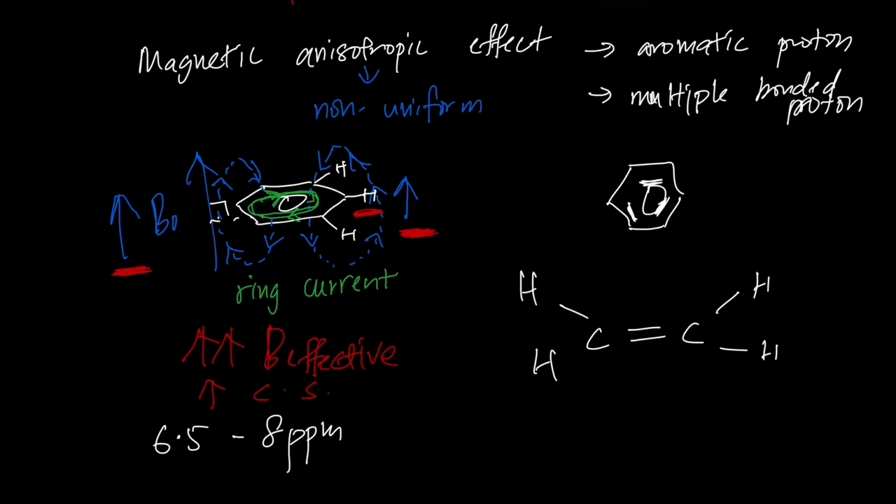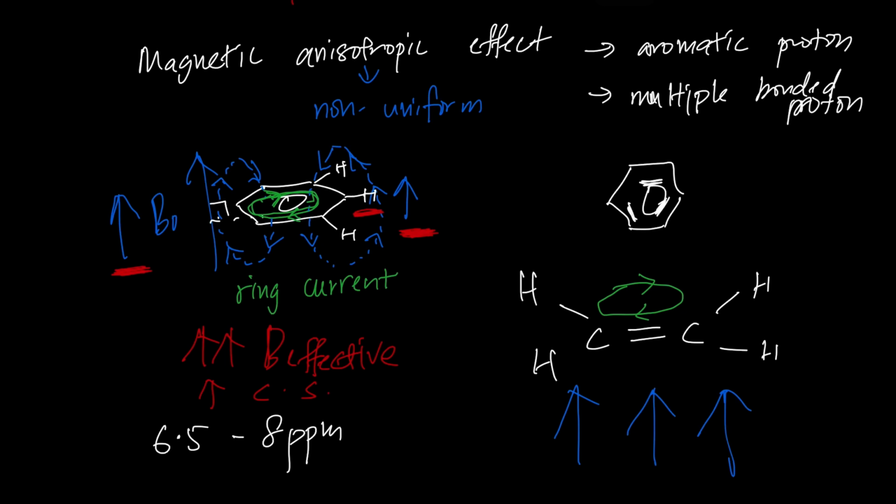Okay, so when the external magnetic field is in this direction, you have a pi bond here. The pi bond will have an electron which is free to move.